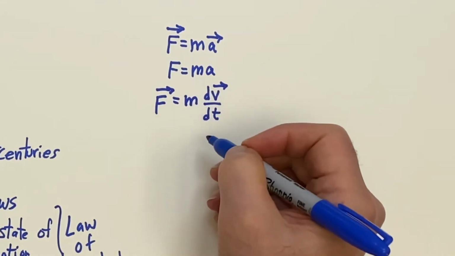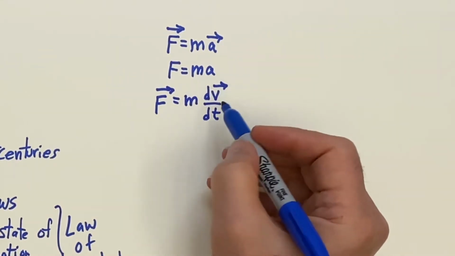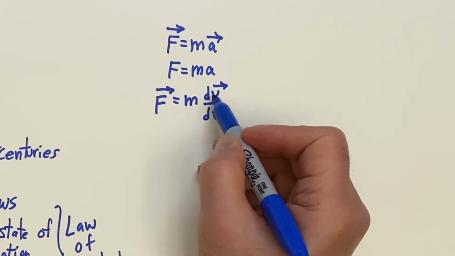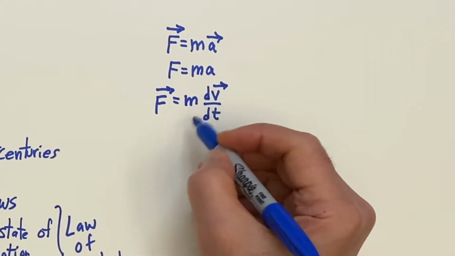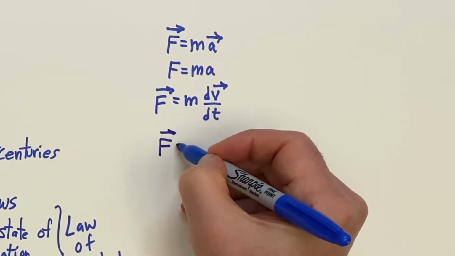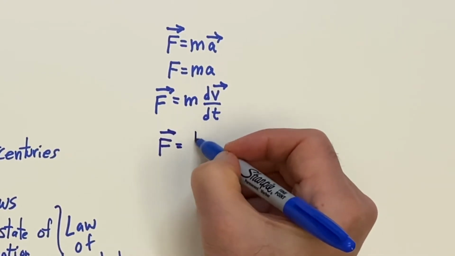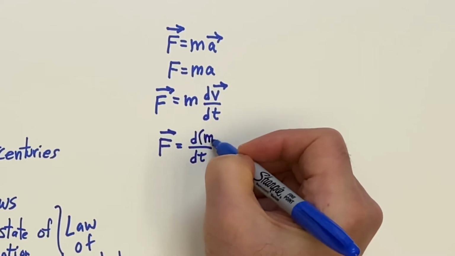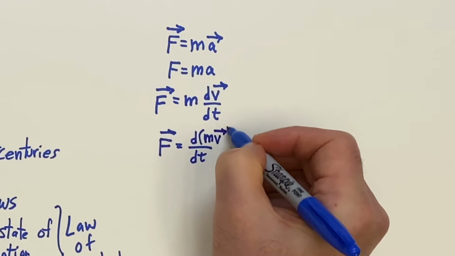Okay, now, the question is, should that mass be outside here or moved inside the derivative? Well, it should be moved inside the derivative, and I want to explain why. So d/dt, we have the mass in there now with the velocity.